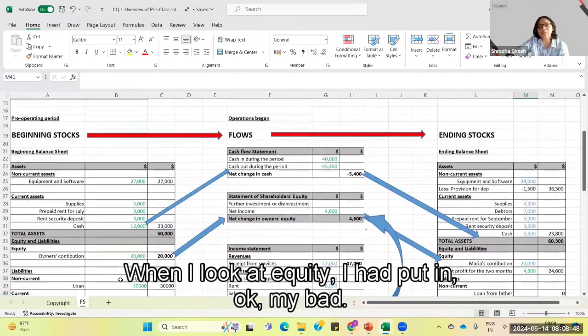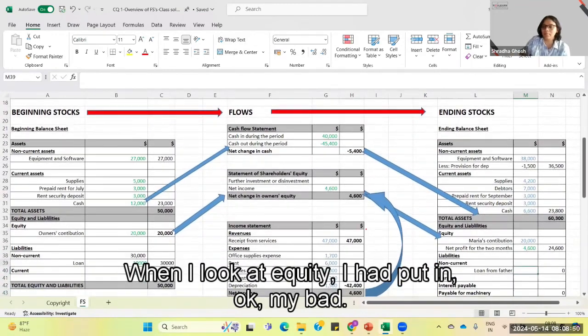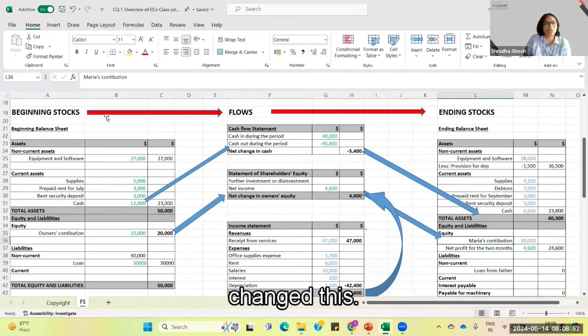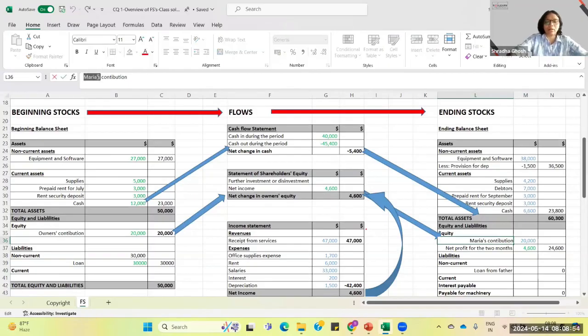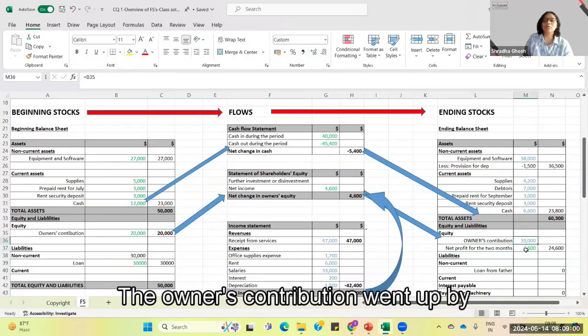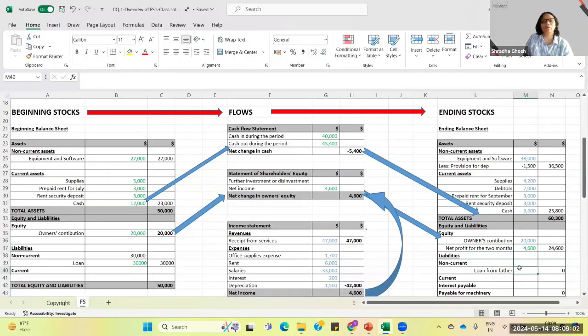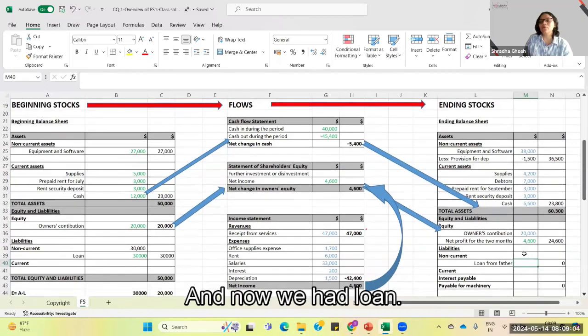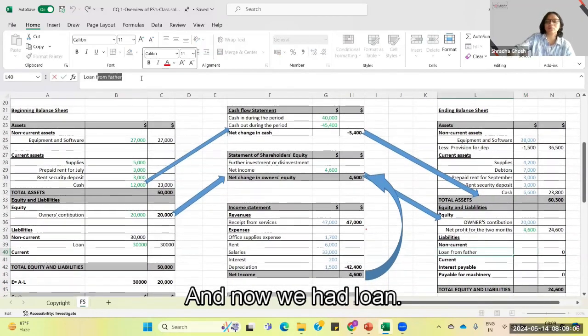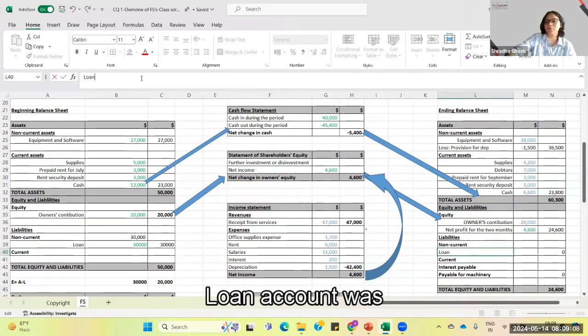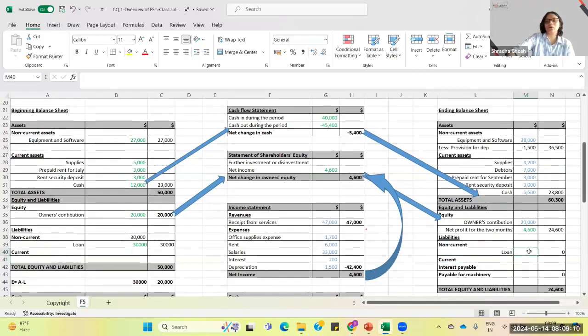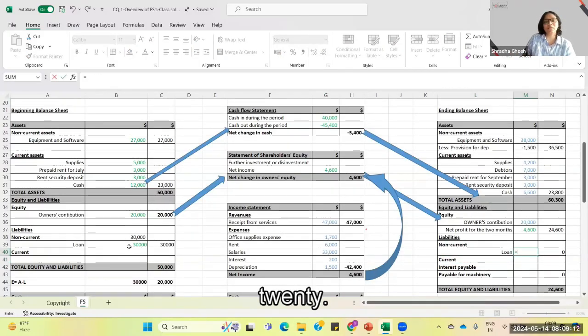When I look at equity, I had put in, okay, my bad. I need to change this. Okay. So owner contributed 20. The owner's contribution went up by this. And now we had loan. The loan account was 20. Sorry. Oh, I made a mistake, guys, here.